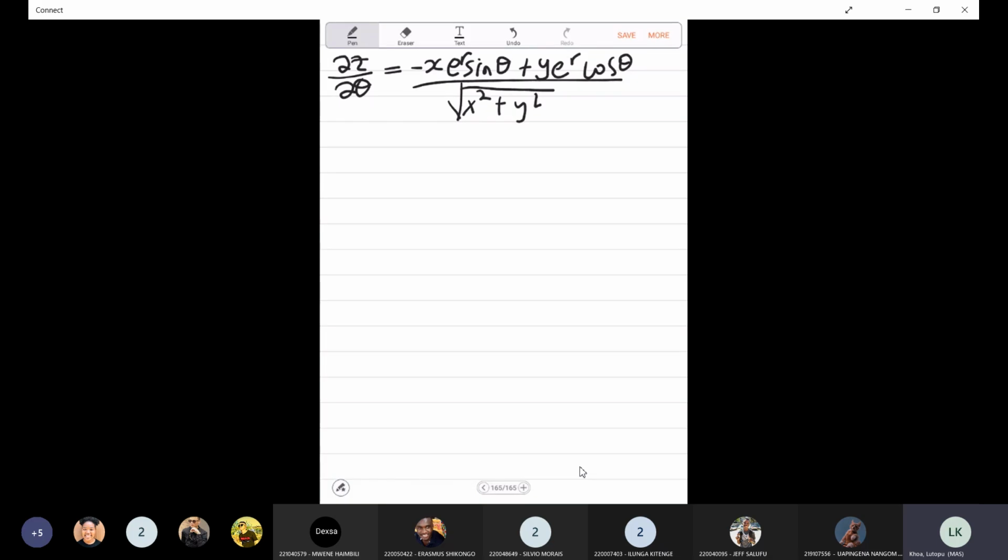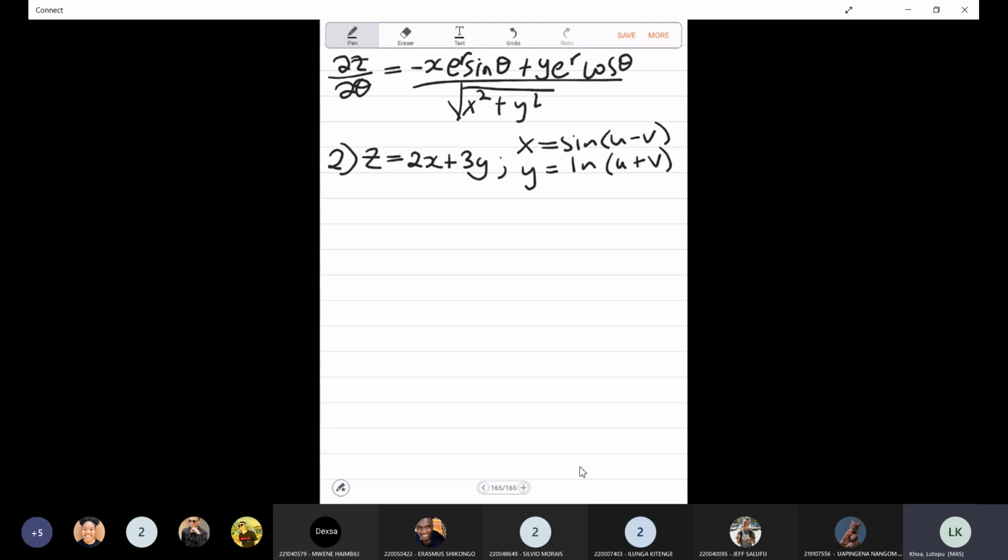Okay, then another example, we have z is equal to 2x plus 3y, and we are told that x is equal to sine of u minus v, and y is ln of u plus v.